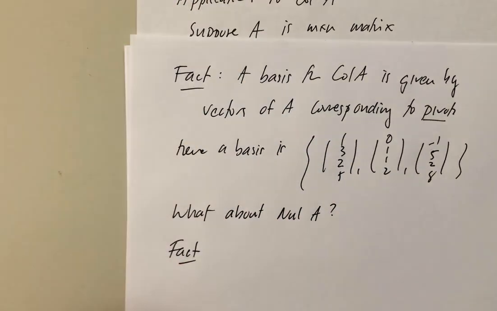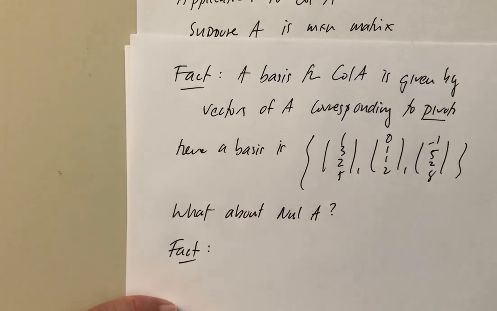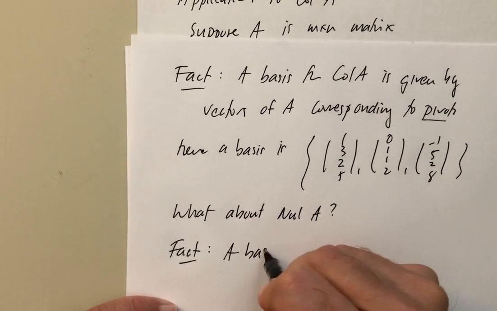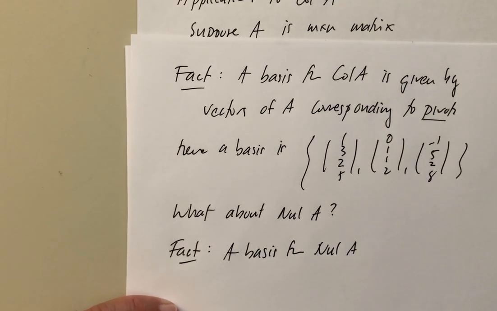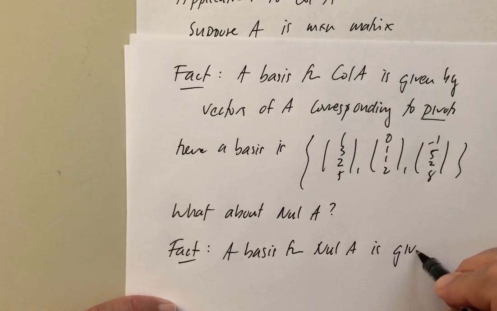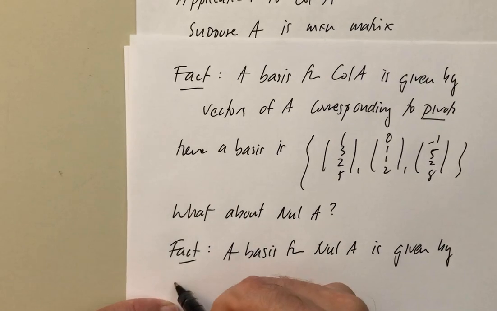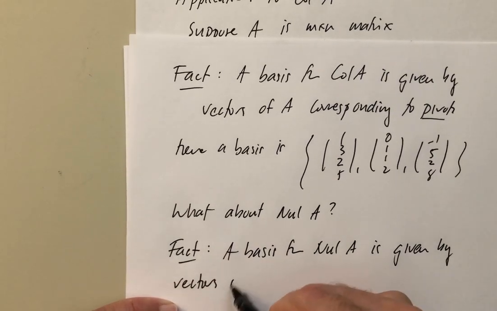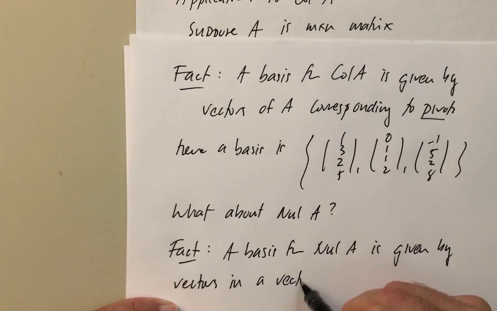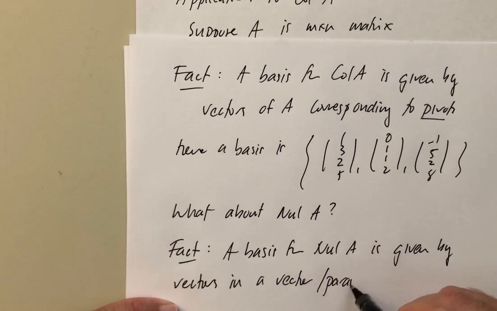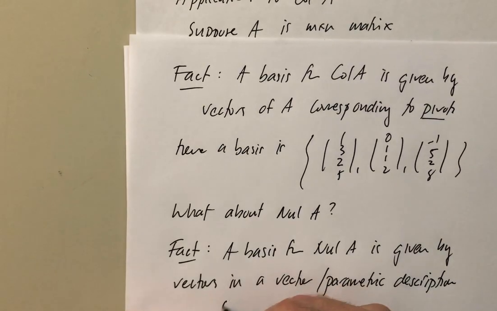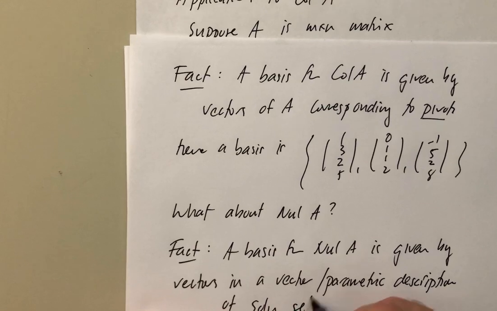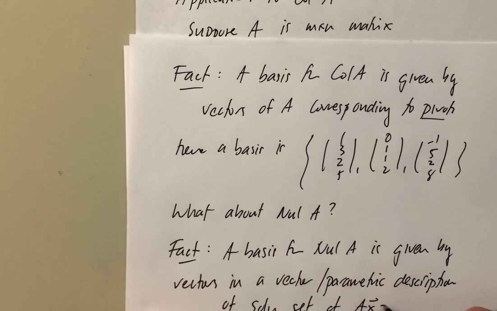This is something we've already been doing kind of behind the scenes: a basis for the null space of A is given by those vectors in a vector parametric description of the solution set of the homogeneous AX equals 0.